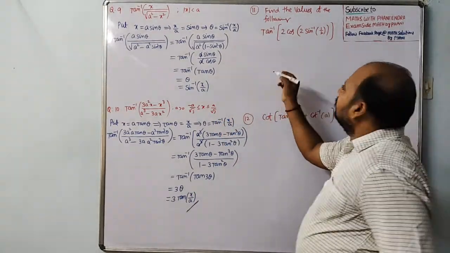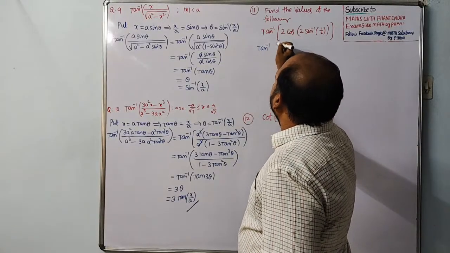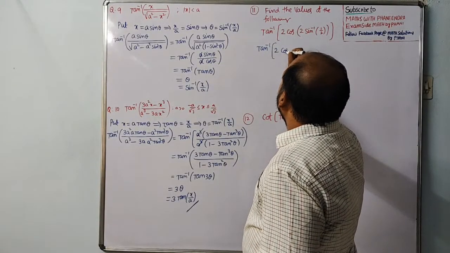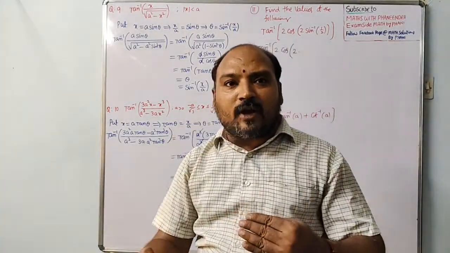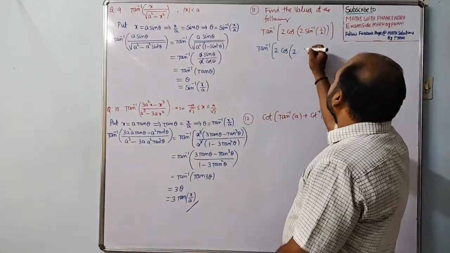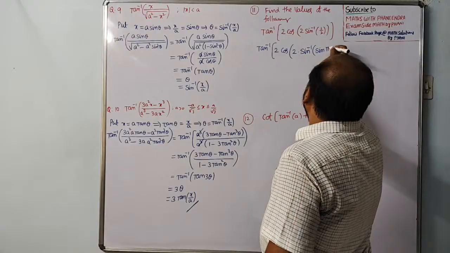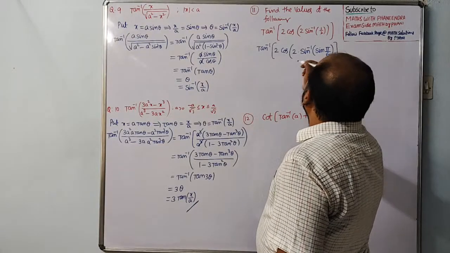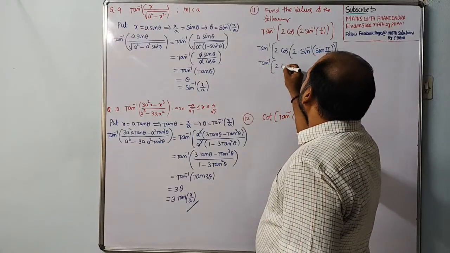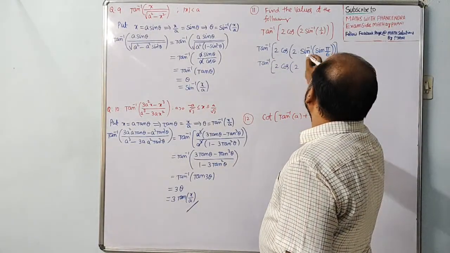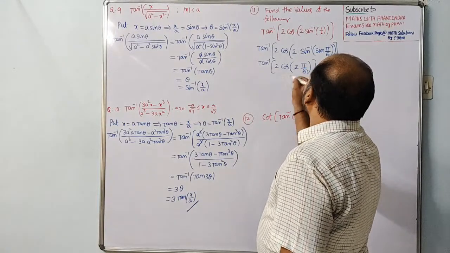Now come to here. Find the values of the following. Tan inverse of 2 into cos of 2 into sin inverse 1 by 2. 1 by 2 in terms of sin, for what angle does it come? Sin 30 degrees. So sin inverse of sin 30 means pi by 6. So tan inverse of 2 into cos of 2 into pi by 6, since sin inverse of sin theta is theta only. 2 ones are 2, 2 threes are pi by 3.